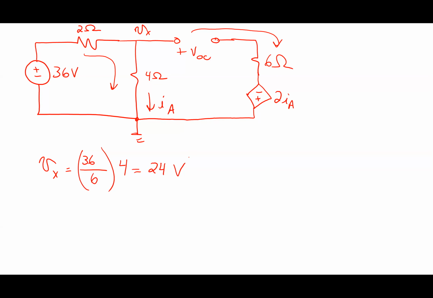Okay. Now, VOC is Vx minus whatever voltage I have at the negative terminal. What's the voltage I have at the negative terminal, right? Yeah, 0 is the logical guess, right? Because how much current's flowing over there? None. However, that's not right. Well, I got a voltage source over there, right?